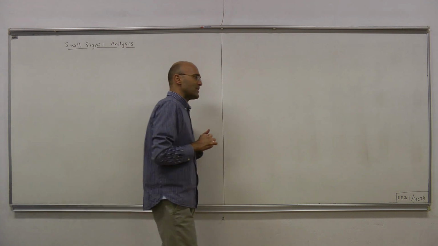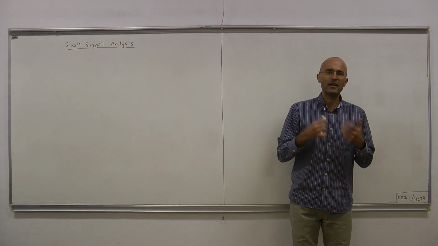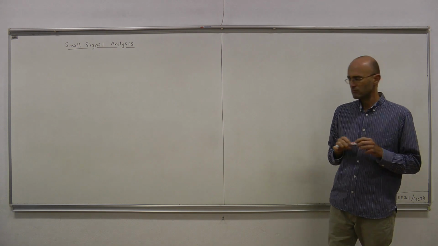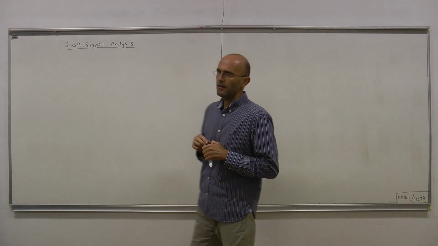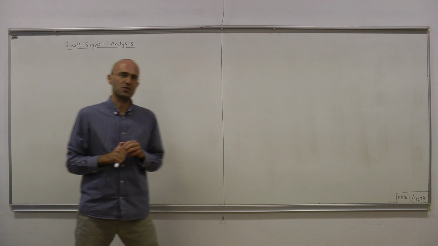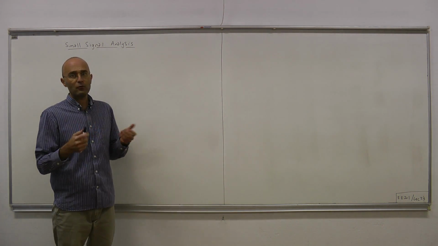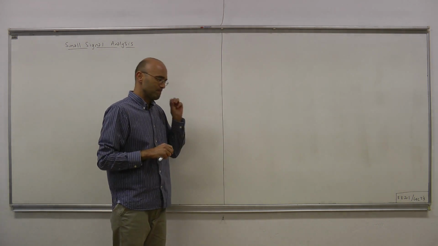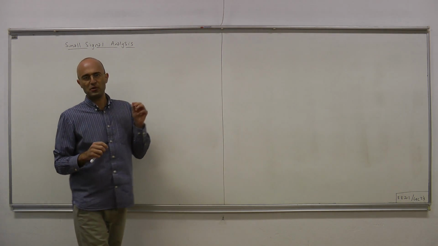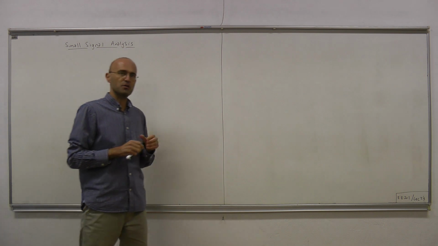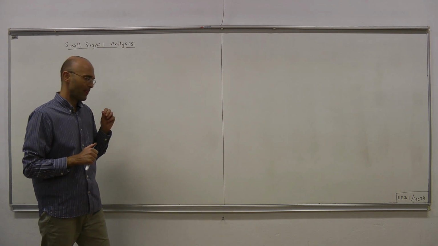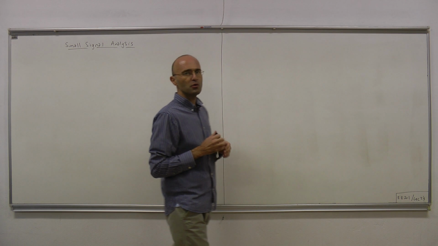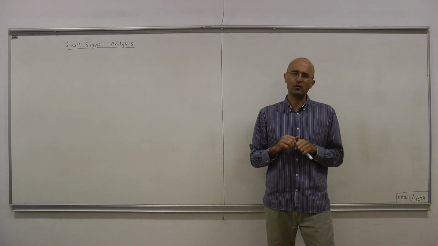Today we will extend that analysis approach to cover the cases where the sources need not be constant. They're allowed to be time varying under the assumption that the value of the input signal, the voltages or the currents provided by the sources, must remain close to its average value at all times.